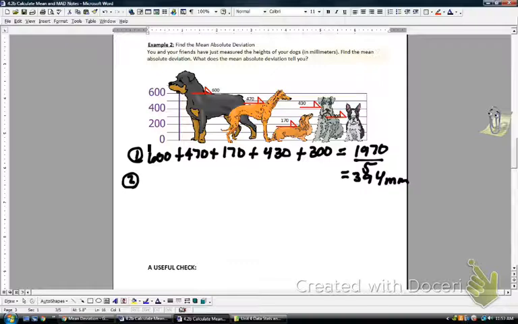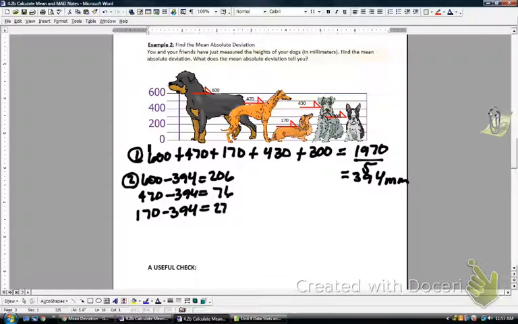Then we're going to do that long drawn out process where we take 600 minus 394. Then we're going to do 470 minus 394. Then 170 minus 394. And notice how I'm skipping this step. I'm just going ahead and using the absolute value sign. Then 430 minus 394. And then 300 minus 394.